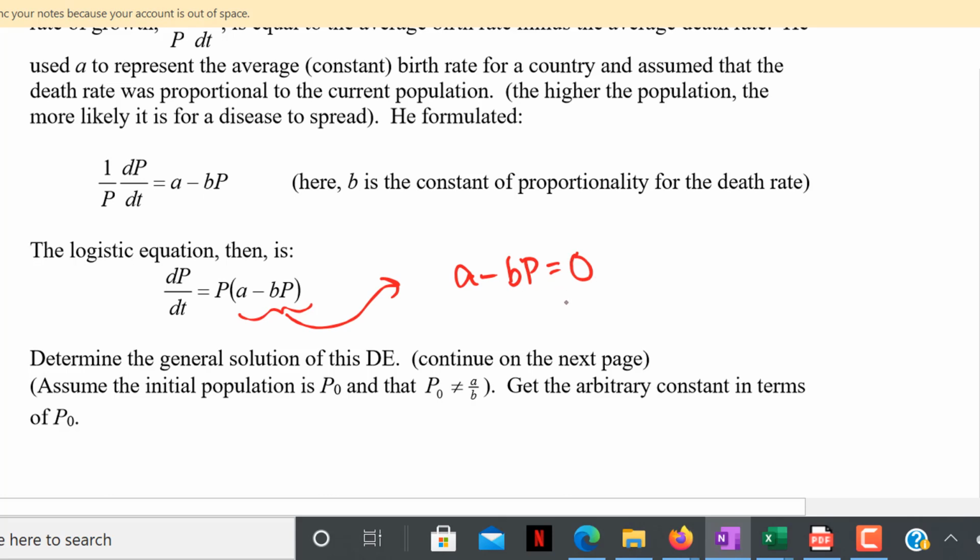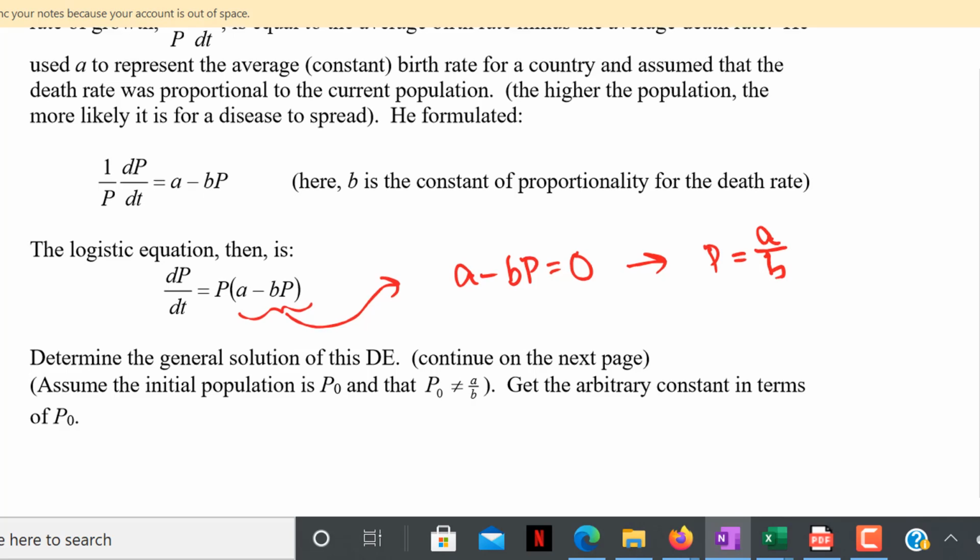If we add BP to both sides, we would get P equals A over B. That would be when the population is in equilibrium already. So we're assuming that when it starts out, the population is not in equilibrium. And we're told here to get the arbitrary constant after we integrate in terms of P naught.